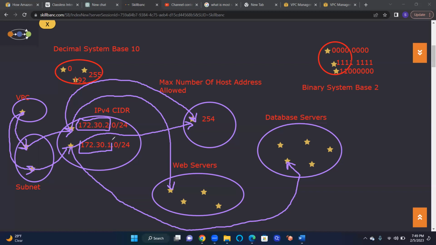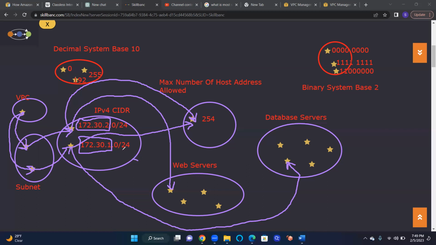The remaining 8 bits can be used for my web servers or database servers, which means 256 host addresses, out of which 00000000 is the subnet or network address, and 11111111 is the broadcast IP address.